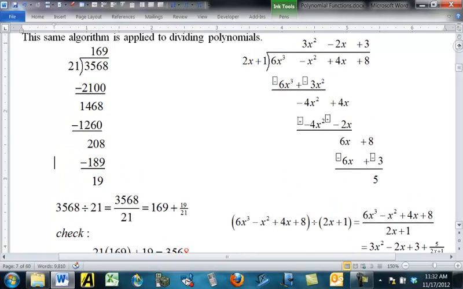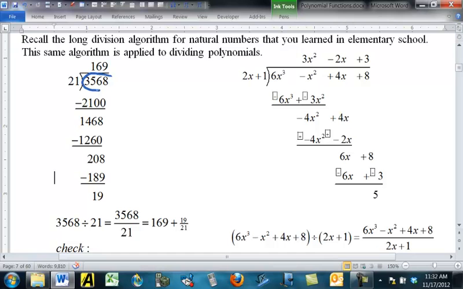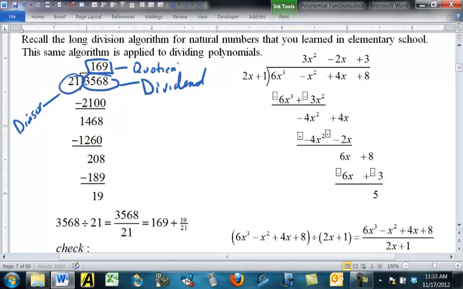So we've got some names for some of these things. This part right here is called the dividend. This part right here is called the divisor. So we're dividing the dividend by the divisor. The whole number part that we get up here is called the quotient, the whole number quotient. And this part down here is called the remainder.